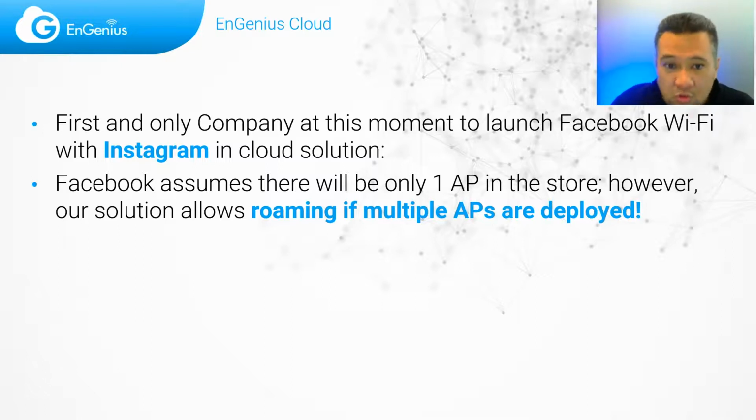The roaming between the access points is already pre-configured and everything works fine, so you can have your whole Wi-Fi network use Facebook Wi-Fi at one time.